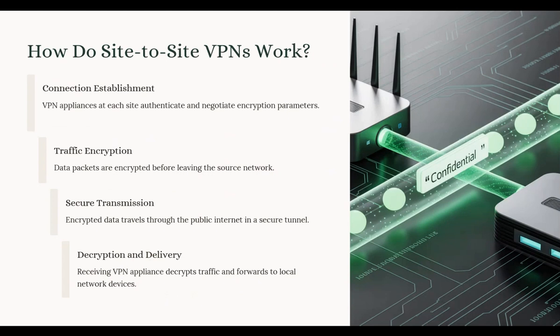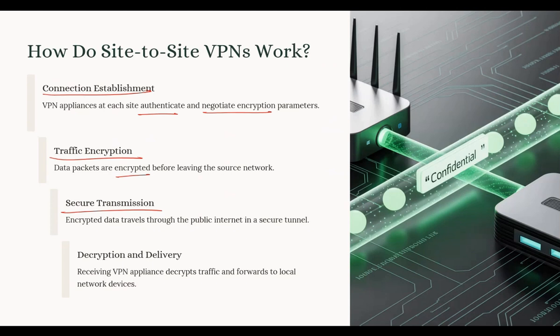Now, how do site-to-site VPNs work? There is connection establishment. VPN appliances at each site authenticate and negotiate the encryption parameters and hence form a secure tunnel. Then there is traffic encryption. Data packets that pass across the tunnel are encrypted before leaving the source network, and at the receipt, at the exit interface of the gateway, they are decrypted. There is secure transmission.